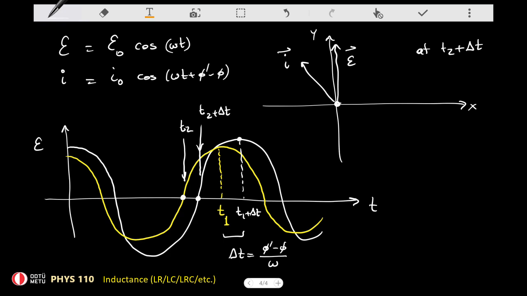So on this diagram, there are some interesting moments where something happens. There's a time difference between these things. So first the current becomes zero and then the EMF becomes zero. That's one special situation. Or first the current becomes maximum, then the EMF becomes maximum. Or in here, for example, first the current becomes minimum and then the EMF becomes minimum. Whatever. So there's always a time difference between them.